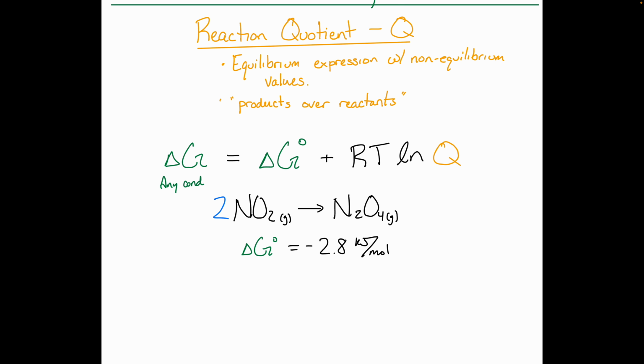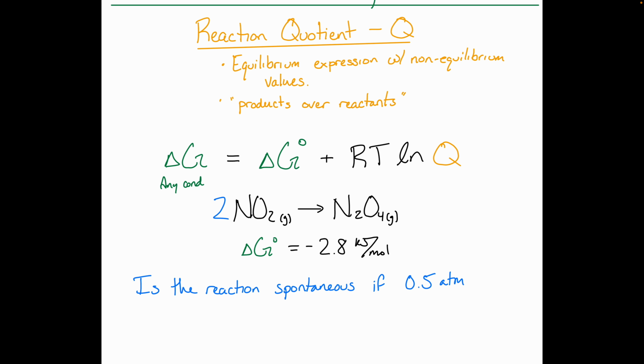Okay, and so now we want to ask, is the reaction spontaneous if 0.5 atm of nitrogen dioxide is combined with 5 atm of dinitrogen tetraoxide?